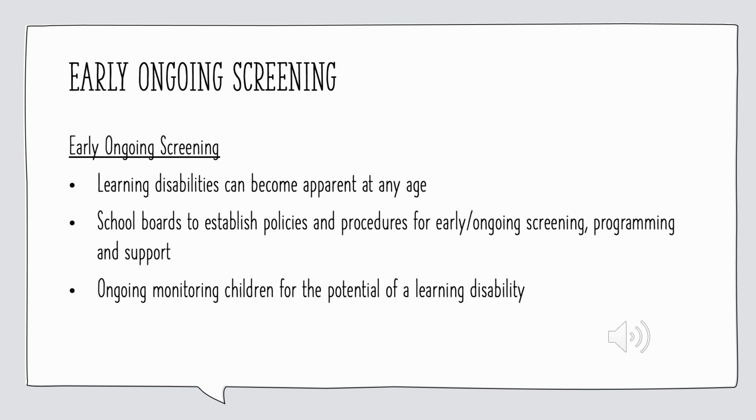Given that there is a range of severity, a learning disability can become apparent at any age. As a result, school boards are required to establish policies for both early and ongoing screening, programming, and support. Ongoing monitoring is also required to ensure that students with learning disabilities are identified.